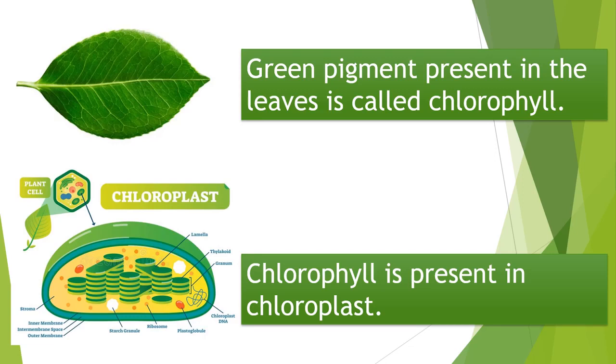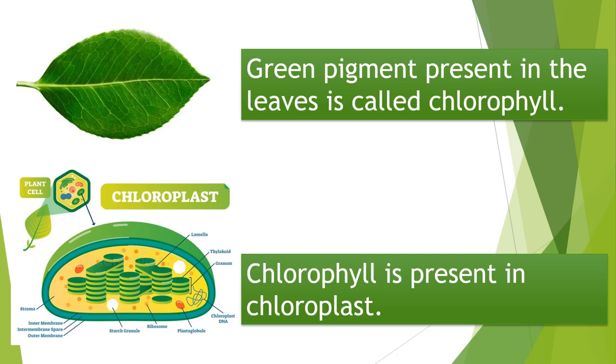So the green pigment present in the leaves is called chlorophyll, and this chlorophyll is present in chloroplast. This is the structure of a chloroplast. So what is called chloroplast? Chloroplast is a plastid in a green plant cell which contains chlorophyll and in which photosynthesis takes place.